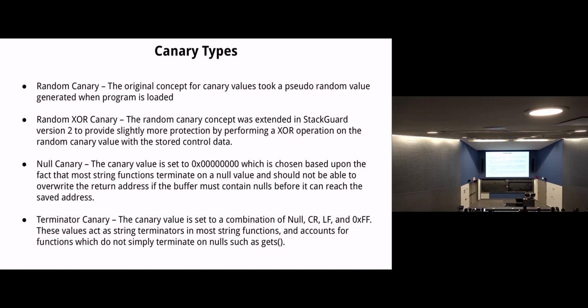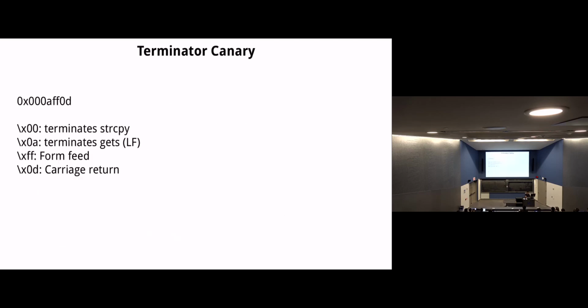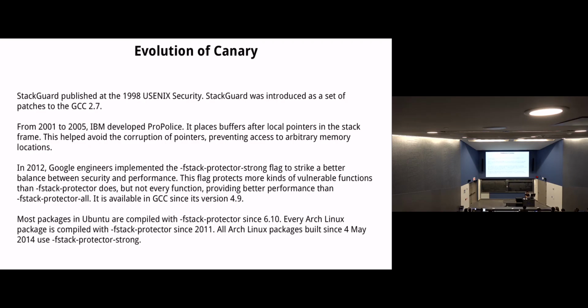But still, the most common canary value is random values. All of them have different advantages and disadvantages. Since the paper was published back in 1998, this approach was quickly introduced into GCC 2.7.